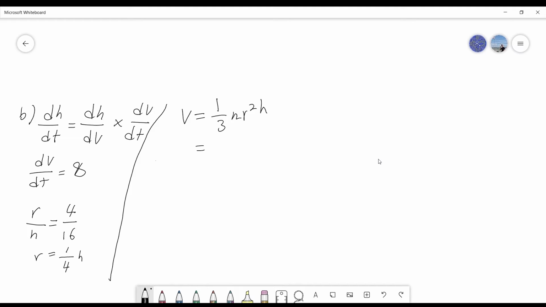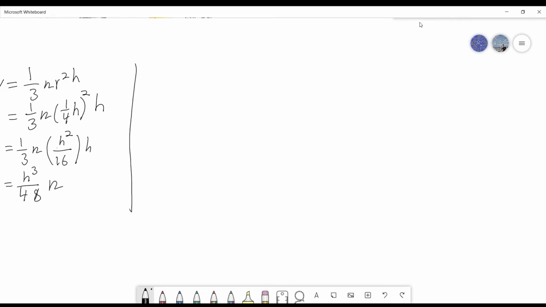Okay, we substitute. 1 over 3 pi, 1 over 4 h, to the power of 2, and h. So 1 over 3 pi h squared over 16 times h. Power of 3, 48.